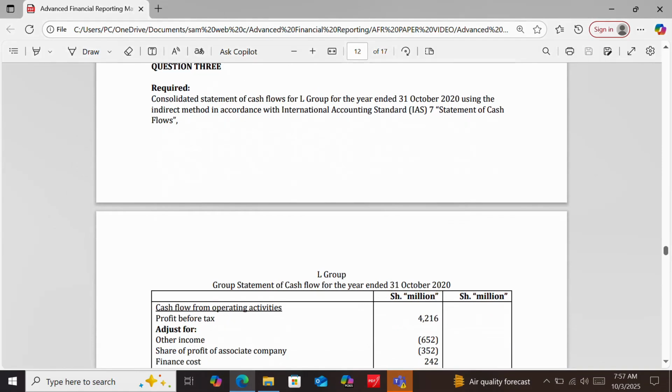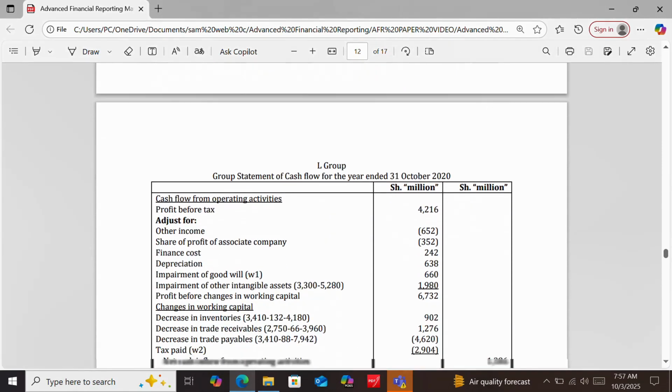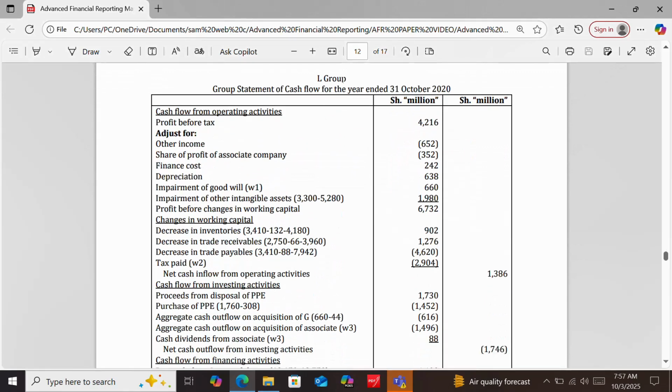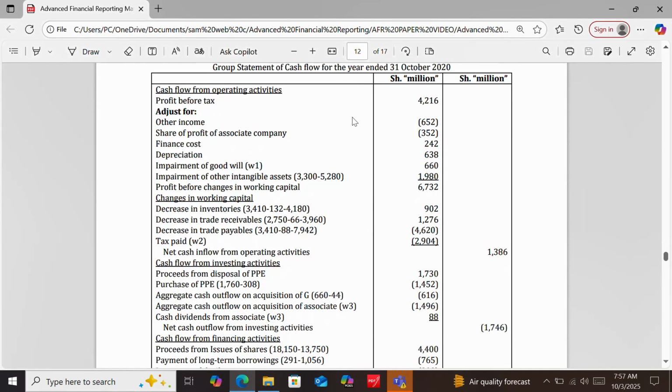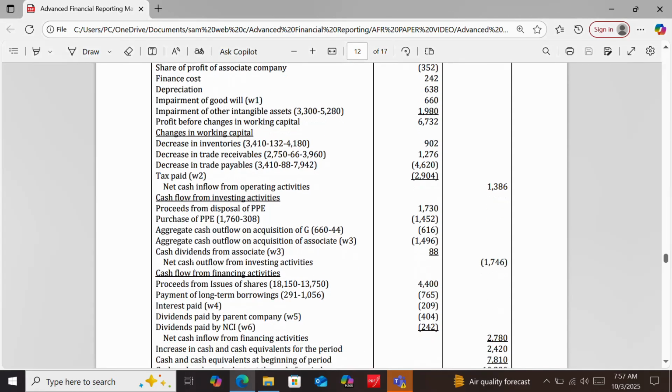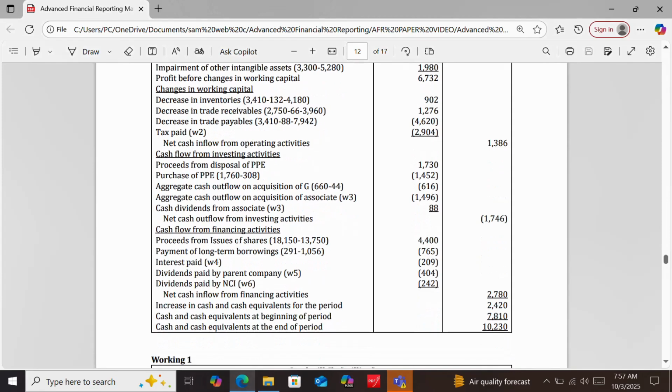the cash flow statement. So here we have the cash flow statement of L Group. We have cash flow from operating activities, changes in working capital, cash flow from investing activities, cash flow from financing activities.